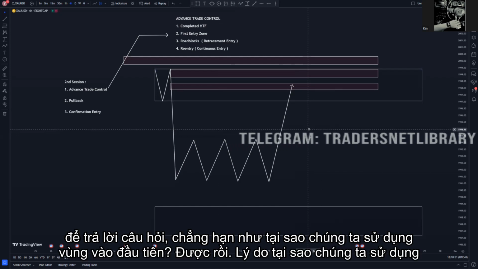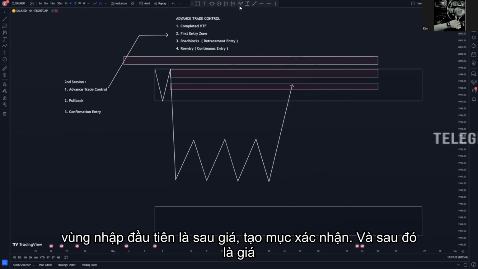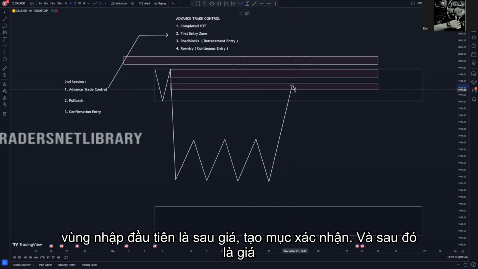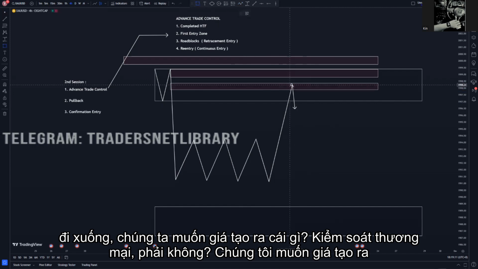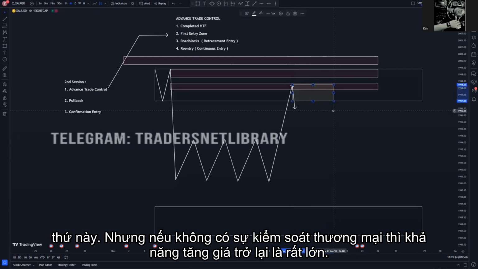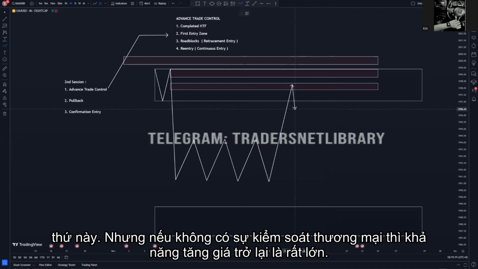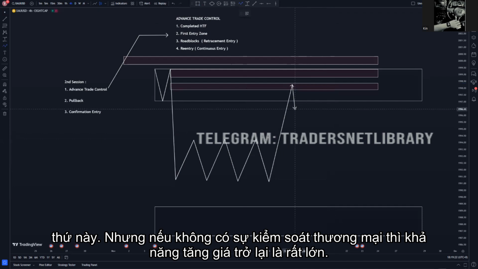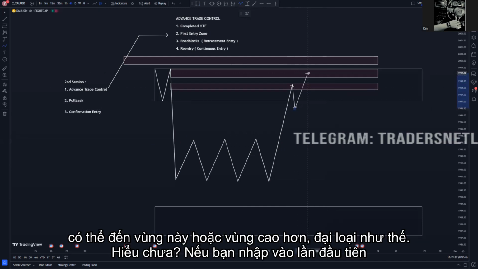The reason is, after the price creates the confirmation entry, and then after the price goes down, we want the price to create the trade control. But if there is no trade control, the price has a big possibility to go up again, maybe to this zone or to a higher zone, something like that.